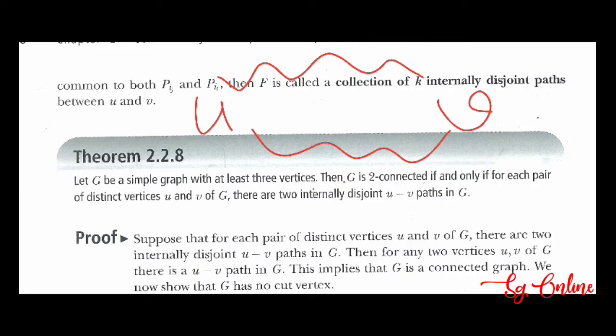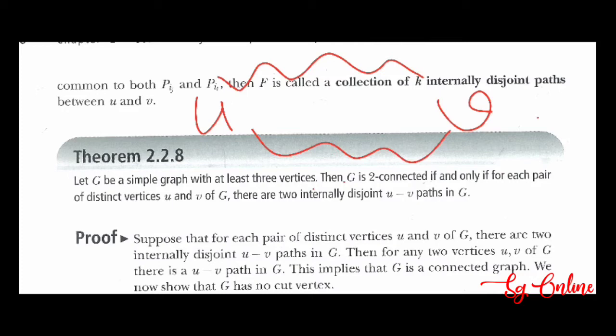Now you can remember that the definition of a connected graph is that any two distinct vertices are connected by a path. Now this is a generalization of that.